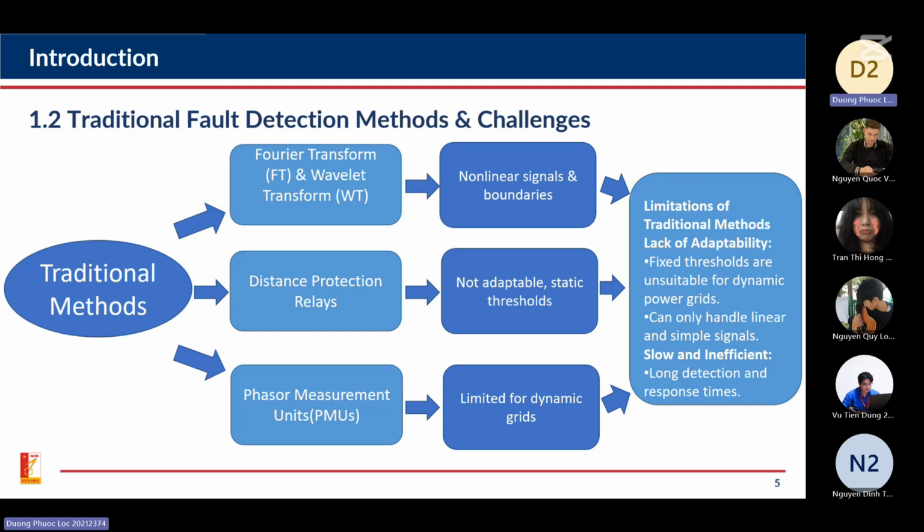So their limitations create the need for advanced techniques like machine learning, which can adapt to real-time changes, handle complex scenarios, and improve fault detection accuracy on transmission lines. And that's my answer.